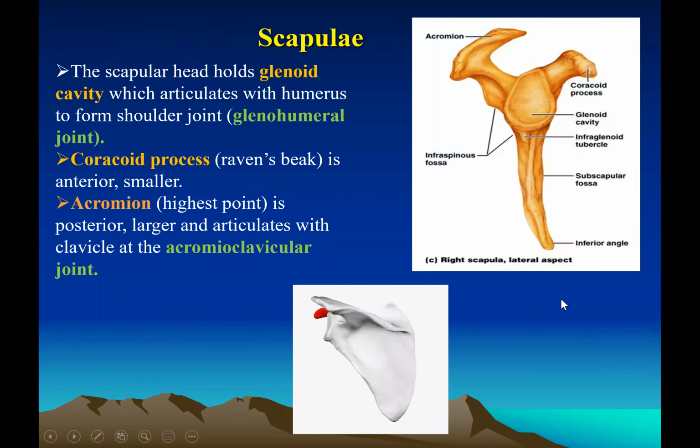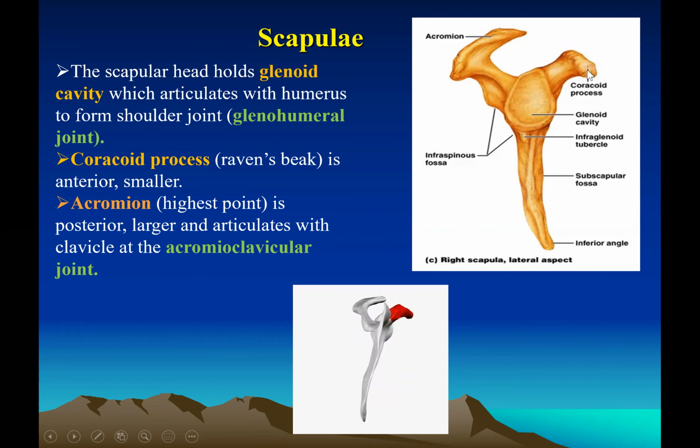So here in the lateral view, you can see the main processes. There is a cavity called the glenoid cavity. This is where the head of the humerus is going to articulate, forming the glenohumeral joint. There is a process that looks like a bird's beak, like a raven's beak. It's called the coracoid process.